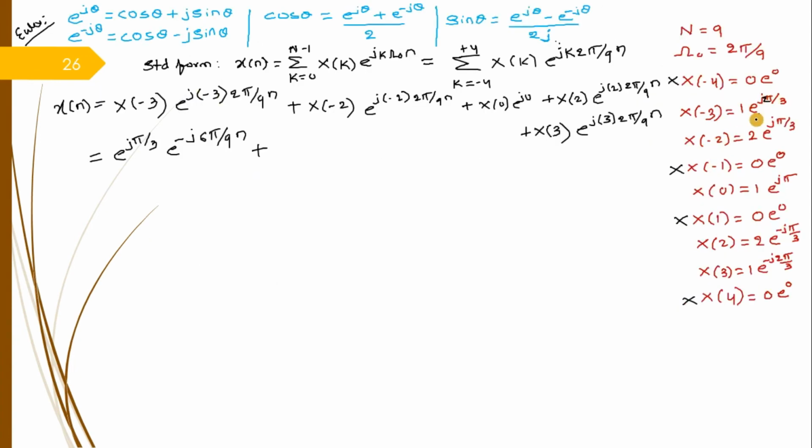It is 2 pi by 3. Here also it is 2 pi. This is correct. Only this one I had mistaken. 2 pi by 3, so that's corrected. Next, x of minus 2 is 2 e raised to j pi by 3, e raised to minus j 4 pi by 9 n.